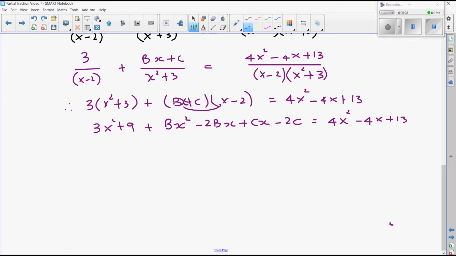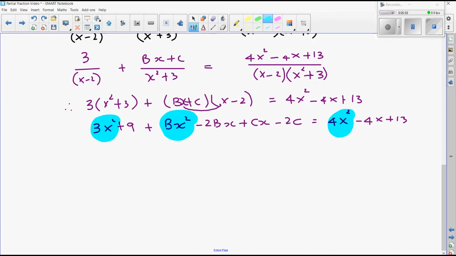So I need to find the values of b and c. Looking very closely at this, once again, I'm going to try and find it as efficiently as possible. To find b, I'll scan across and I have 3x squared, I have bx squared, and I have 4x squared. So with the variable x squared, the only unknown is b at bx squared.